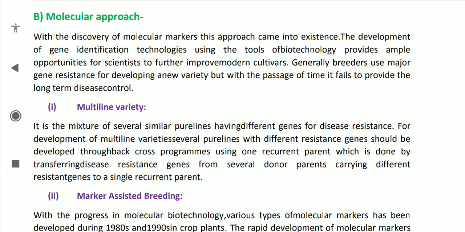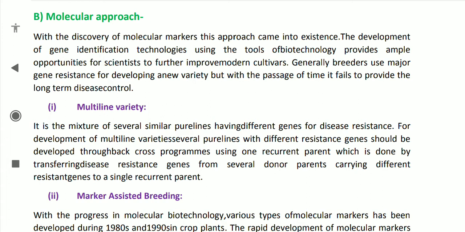Multiline variety. It is a mixture of several similar pure lines having different genes for disease resistance.